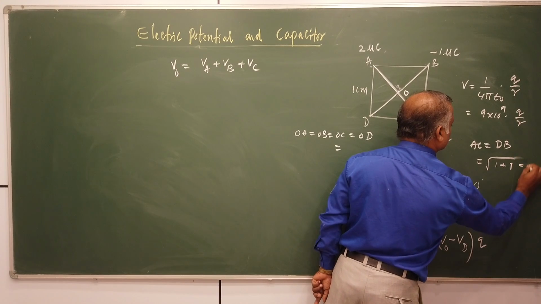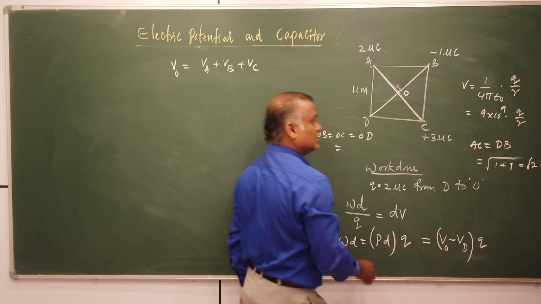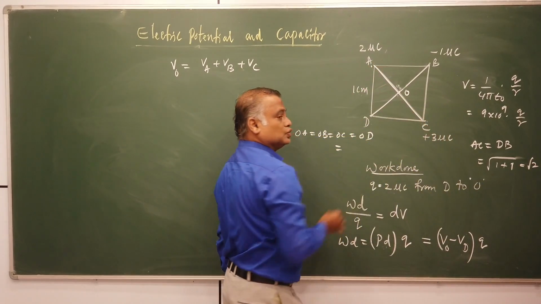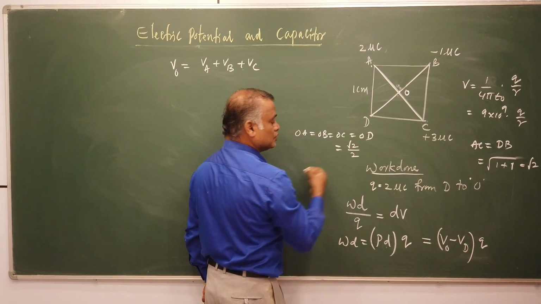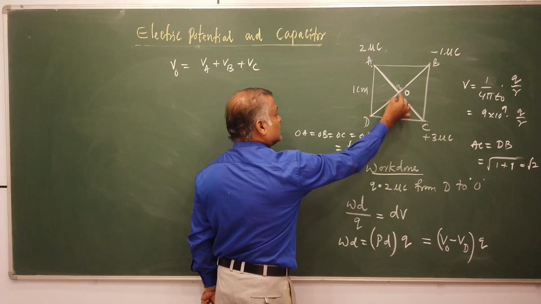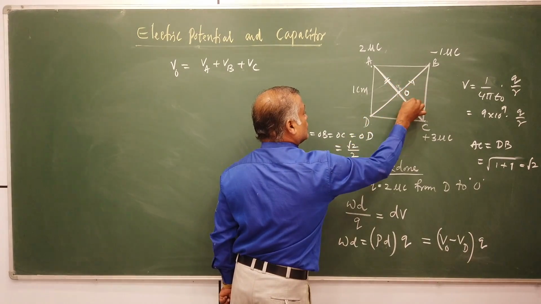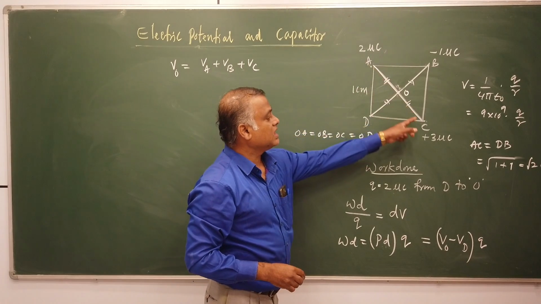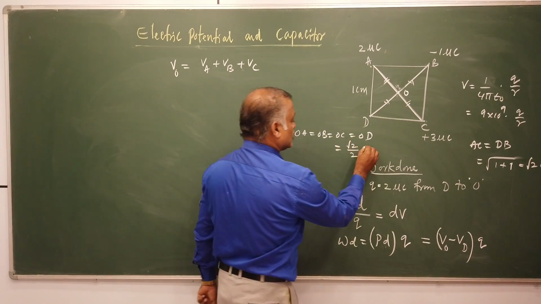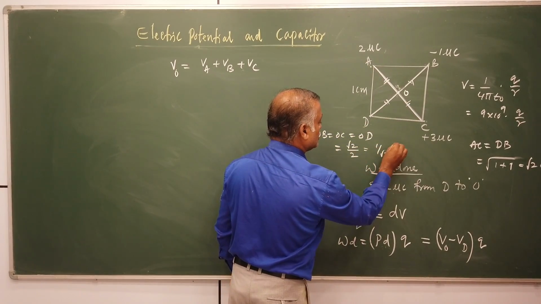So that is root 2 centimeter. This distance is root 2. Semi-diagonals mean root 2 by 2. Semi-diagonals OA, OB, OC, OD are all equal to half of the diagonal, root 2 by 2. So how much do you get? 1 by root 2 centimeter.